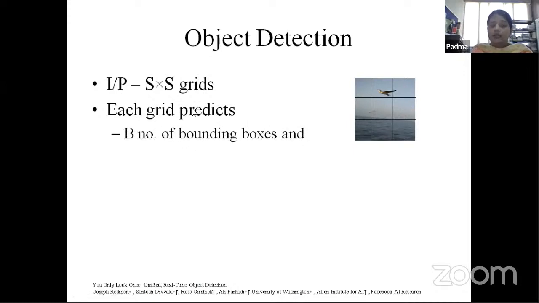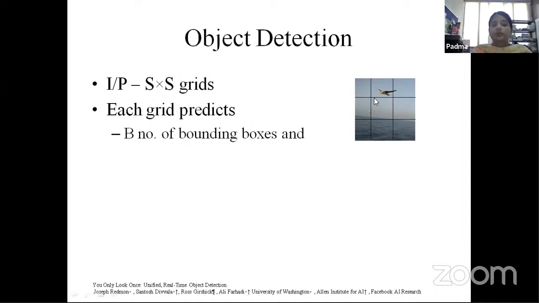So each grid predicts B number of bounding boxes. Why this B number of bounding boxes? Whenever the model finds an object, it should tell us the location, in terms of a bounding box. That means it would draw a box around this particular object.